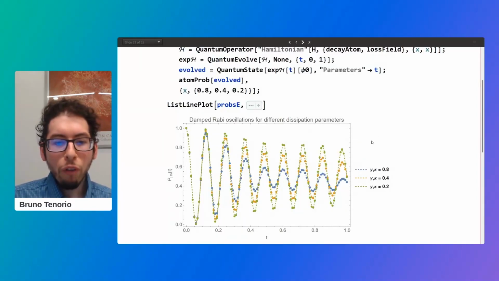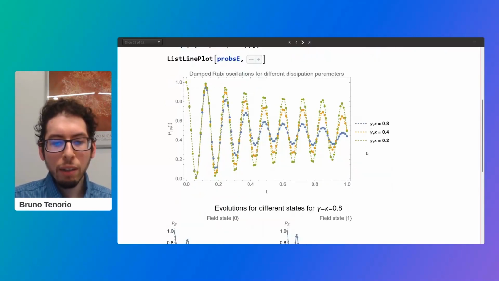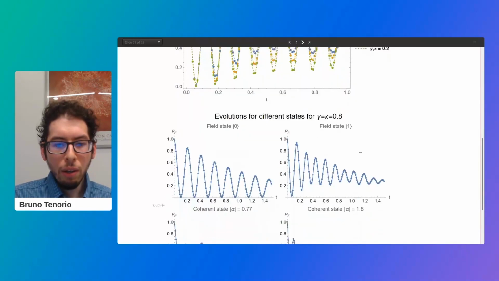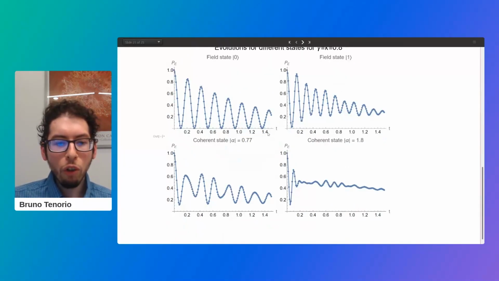But we can also fix the damping constant and evolve different states. Here I am using 0.8. These are the damped Rabi oscillations for the vacuum. This is for the Fock state equal to 1, and this is for 2 coherent states. For the coherent states, we see that there are no more collapses and revivals.